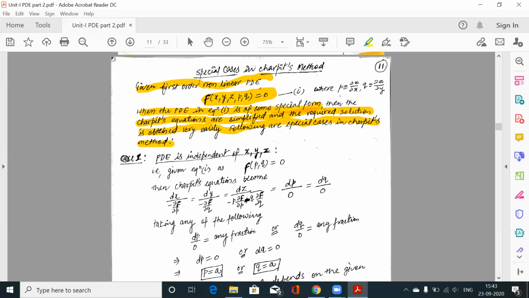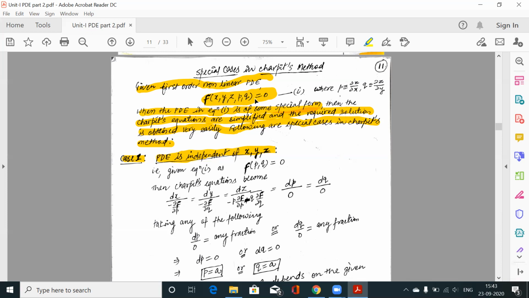The first special case, case 1, is when the PDE is independent of X, Y, Z. That means the given partial differential equation does not contain any term of X, any term of Y, any term of Z. Whatever equation 1 was, a function of X, Y, Z, P, Q, now in this form we don't have X terms, Y terms, or Z terms.